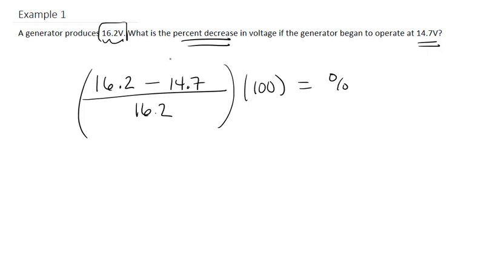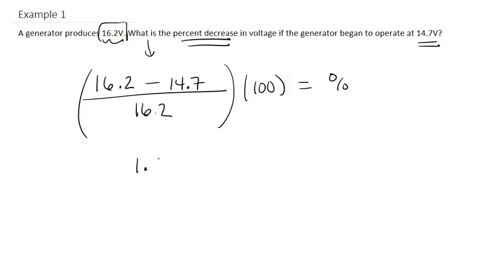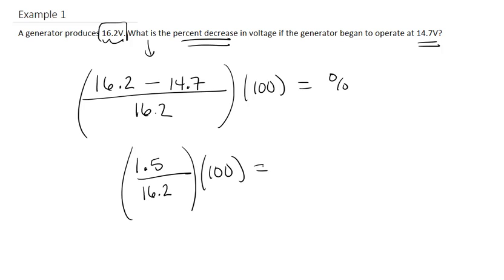So let's first deal with what's inside the parentheses. So we have 16.2 minus 14.7. So we get 1.5 on the top. Then we still have 16.2 there, multiplied by 100 to get us what our percent is.